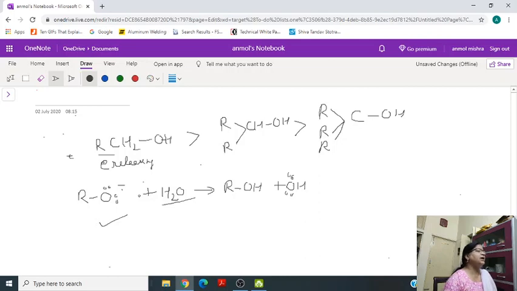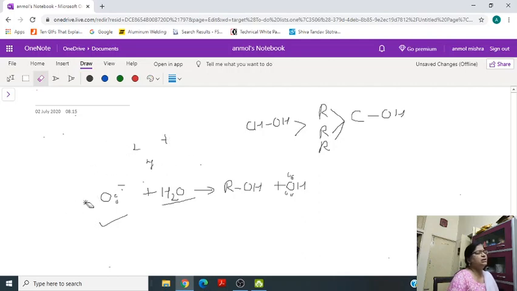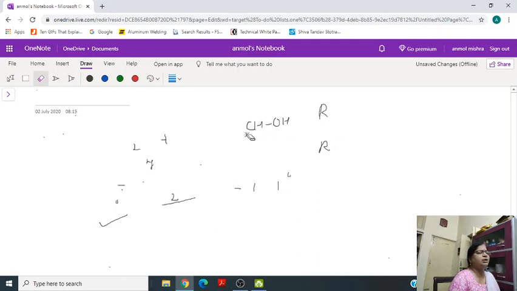Next is esterification. Now, what is esterification? When alcohol reacts with carboxylic acid in the presence of acid, it forms ester.